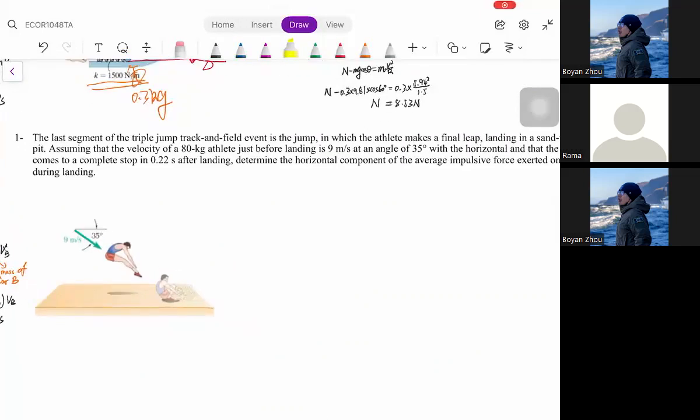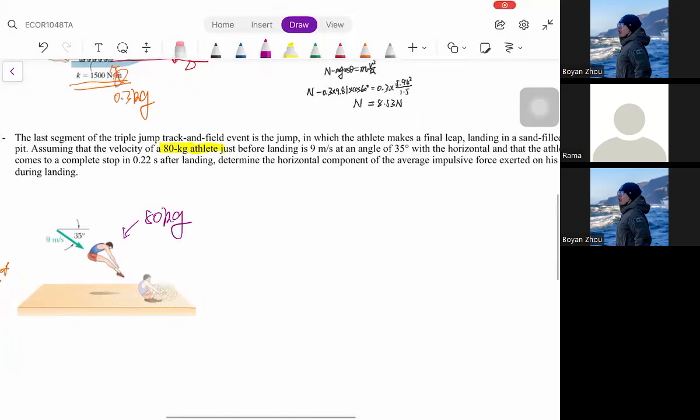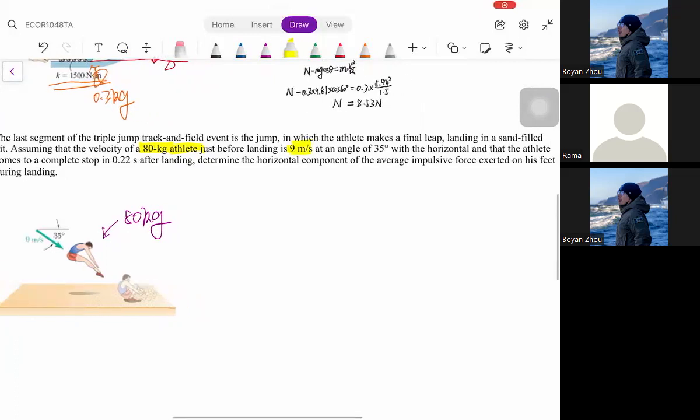Assume that the velocity of an 80 kilogram athlete. So this guy has a mass of 80 kilograms, and the velocity in the air is 9 meters per second with an angle of 35 degrees.